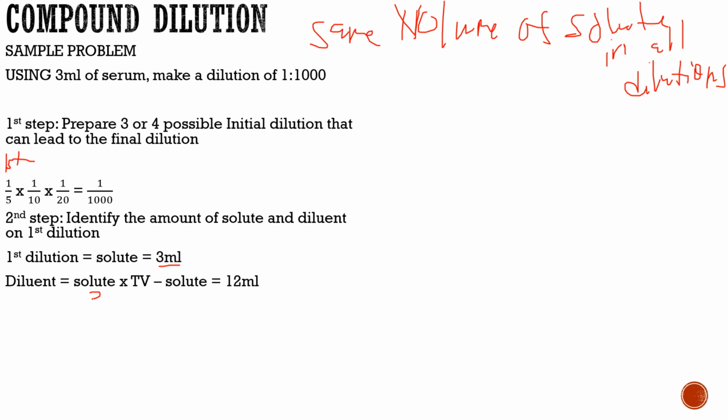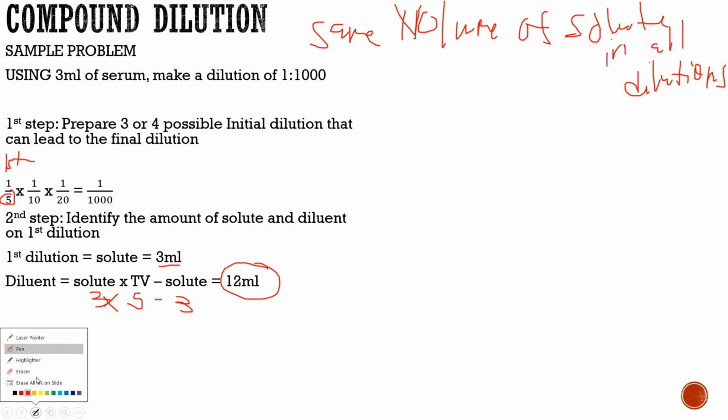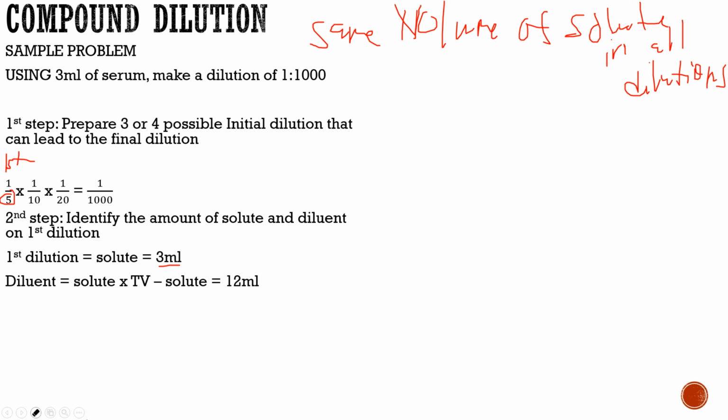So in this case, 3 times 5 minus 3, you get 12 ml. Okay. Then after that, na-identify mo na yung volume ng solute, na-identify mo na yung diluent, follow the formula of your final dilution.